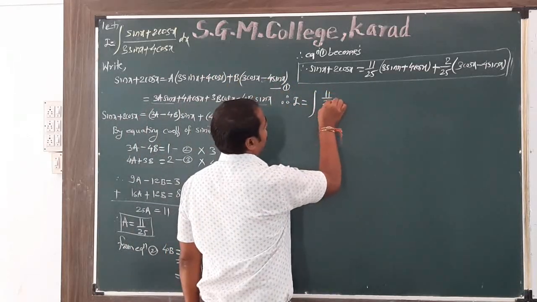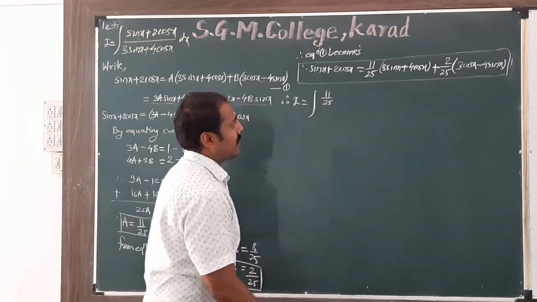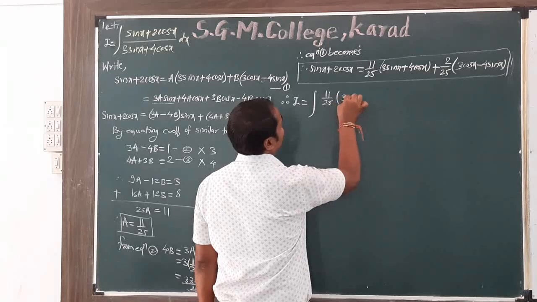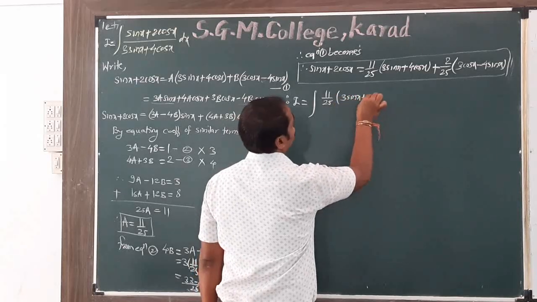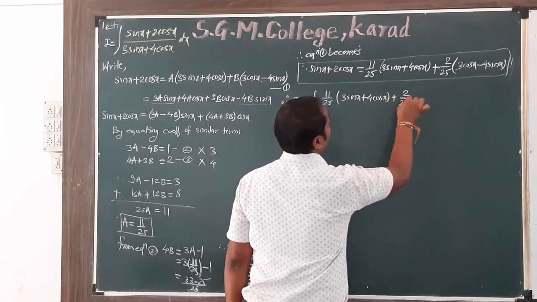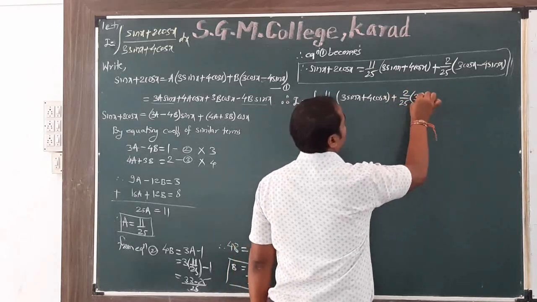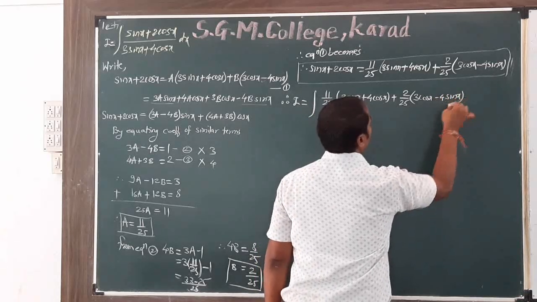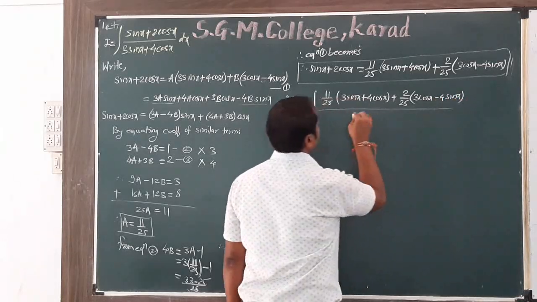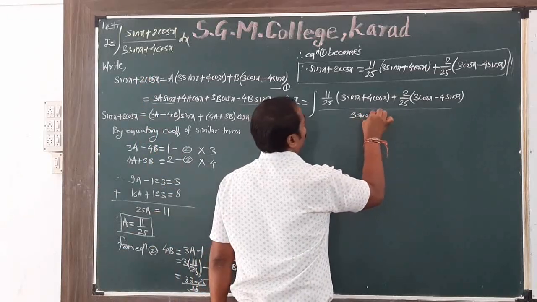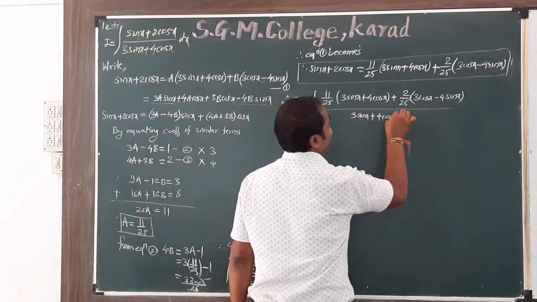Replace numerator in the given integration as 11 upon 25 into (3 sin x plus 4 cos x) plus 2 upon 25 into (3 cos x minus 4 sin x), divided by, here is denominator, 3 sin x plus 4 cos x, dx.